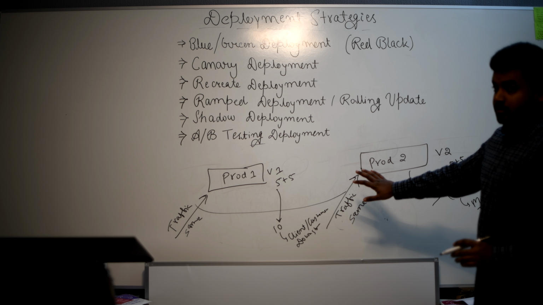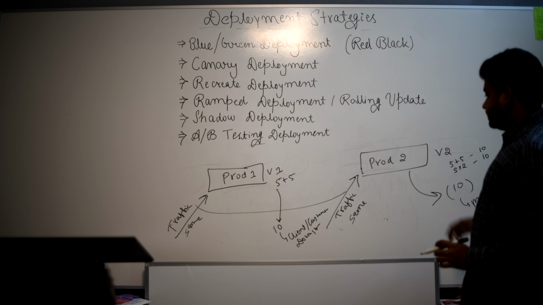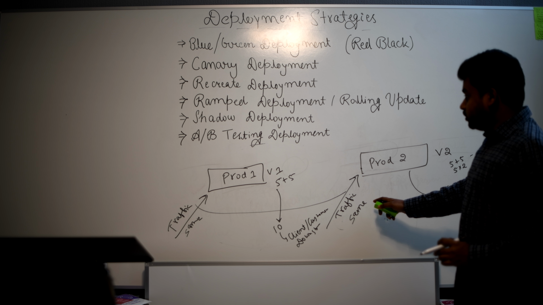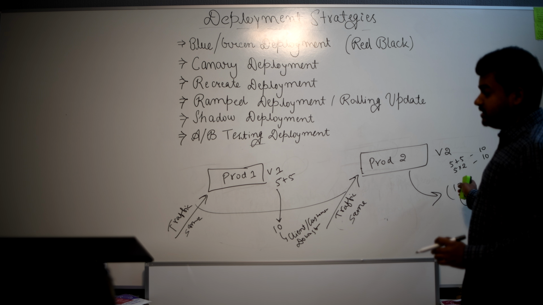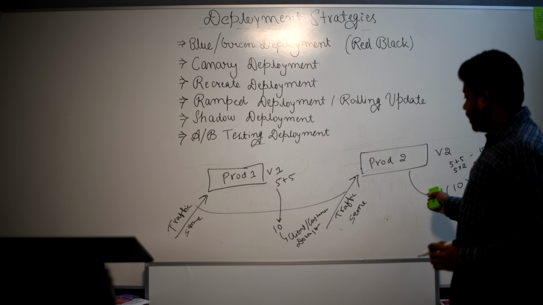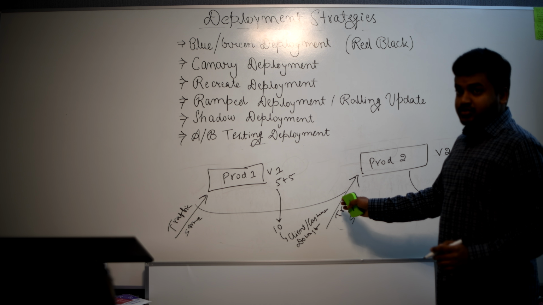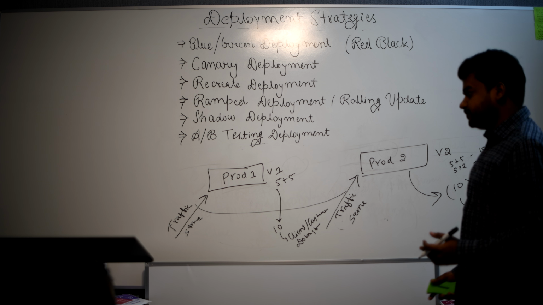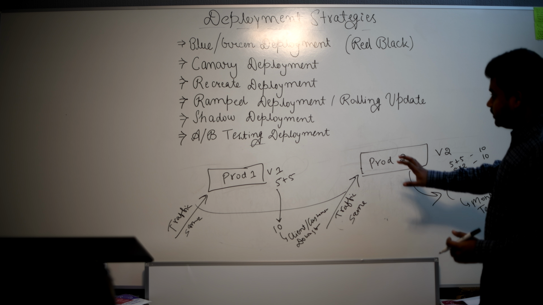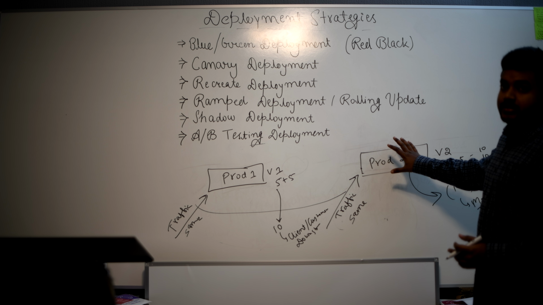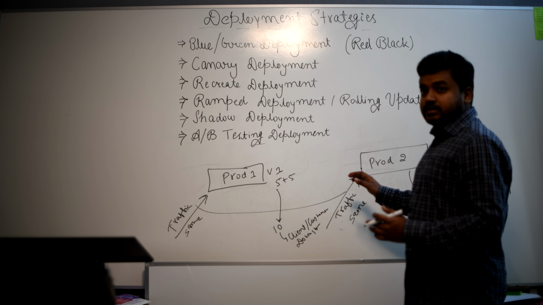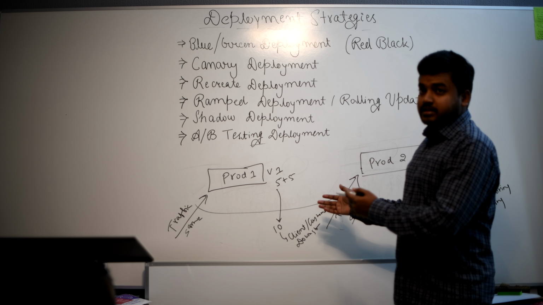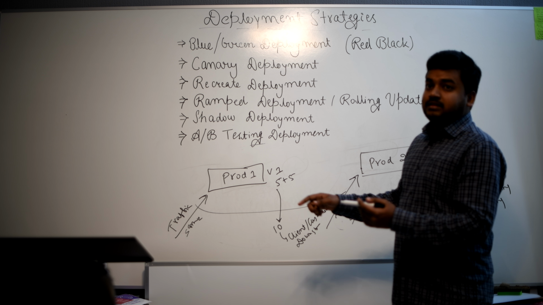So in this system we do extensive testing. We use shadow deployment when we want to test our entire system very extensively to see how our application performs with the real traffic without impacting our customers or the downstream. So this is the only deployment strategy which tests with real-time production traffic without impacting the customers.